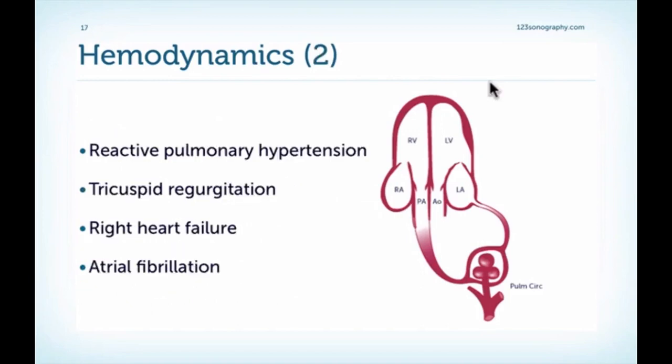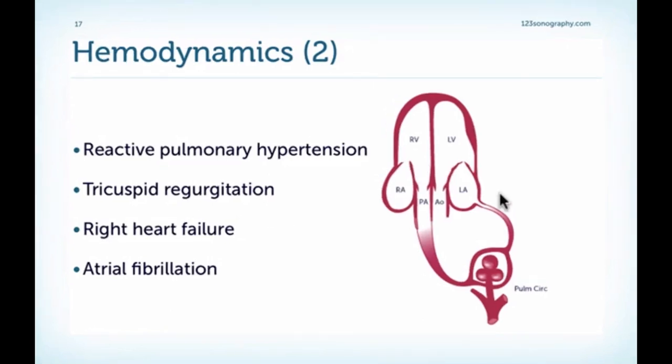What we also see is a reactive pulmonary component to pulmonary hypertension. For example, if you operate on these patients for mitral stenosis, you will not infrequently still have residual pulmonary hypertension. The problems of the right heart that we see include tricuspid regurgitation and eventually even right heart failure.